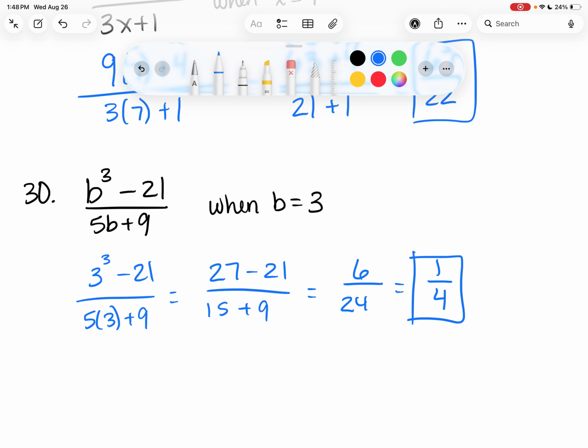What do we get? We agree? So we had 3 cubed minus 21, so 27 minus 21 on top. On the bottom, I've got 15 plus 9, and that gives me 6 over 24. We reduce it and get 1/4.